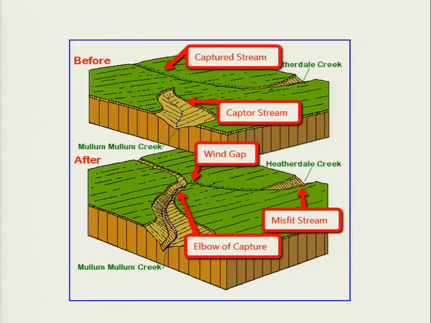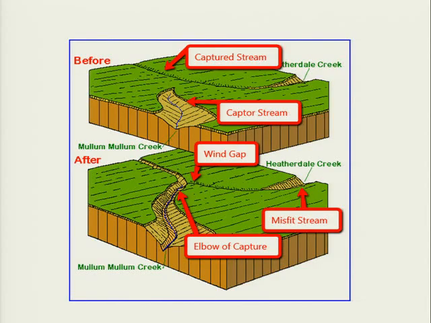It takes the water from the captured stream. What is now left? There is a misfit stream. The misfit stream is actually the bottom part of the captured stream. That is where there is more valley than water flowing in it.